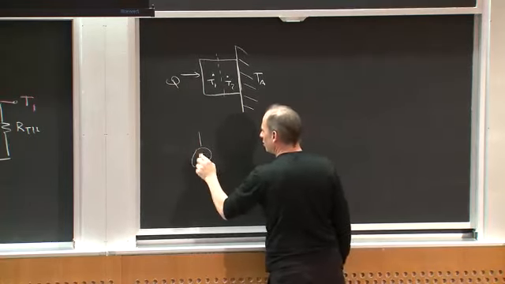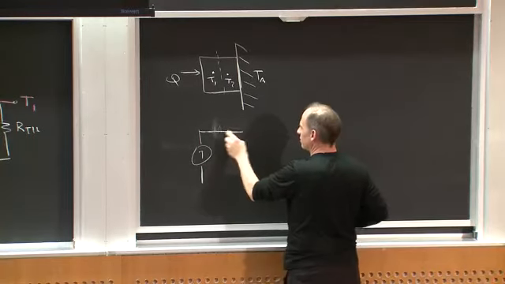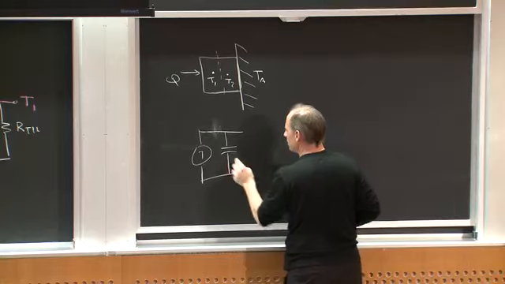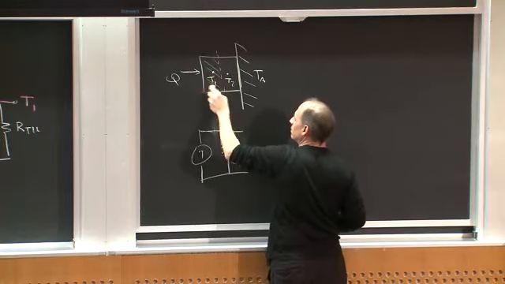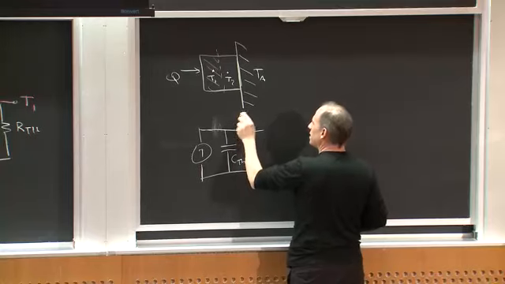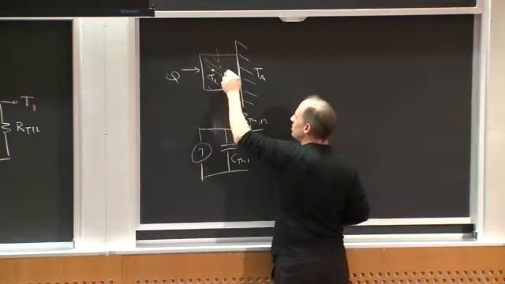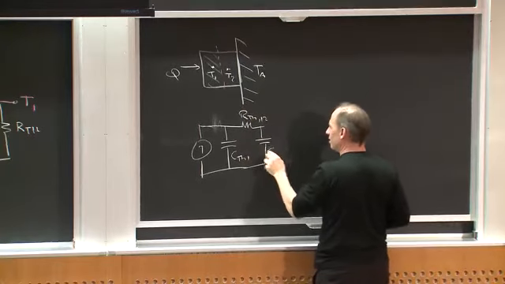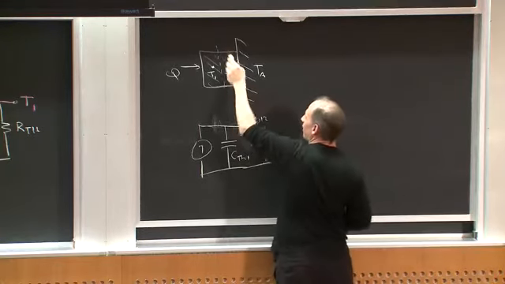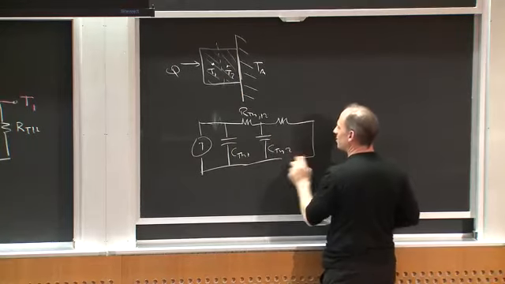I have Q coming in. I could say, okay, here's CTH1 for just this region. Here's RTH1 to 2, which is the thermal resistance here. Here's CTH for this block. And here's the thermal resistance coming back to ambient.